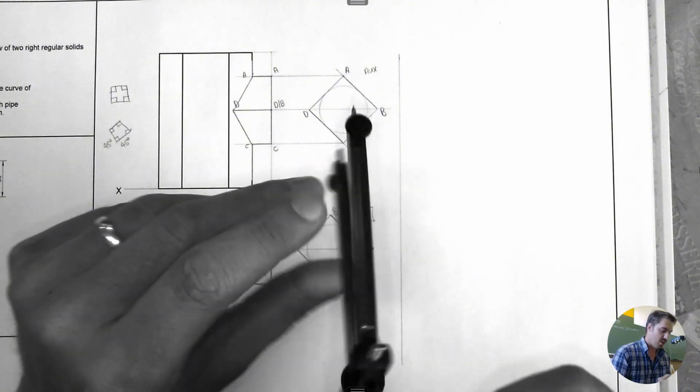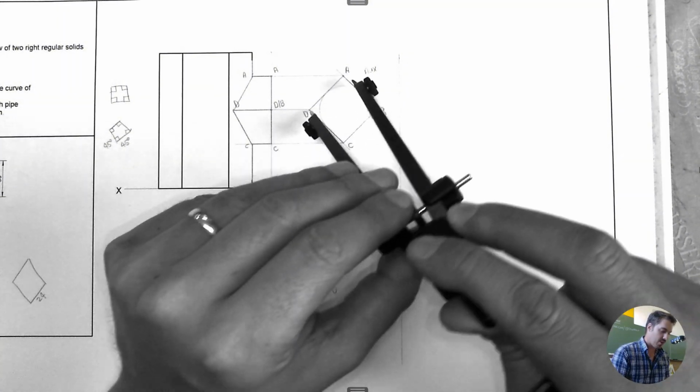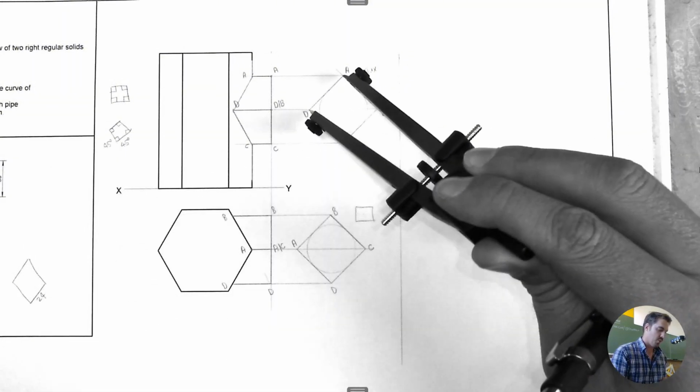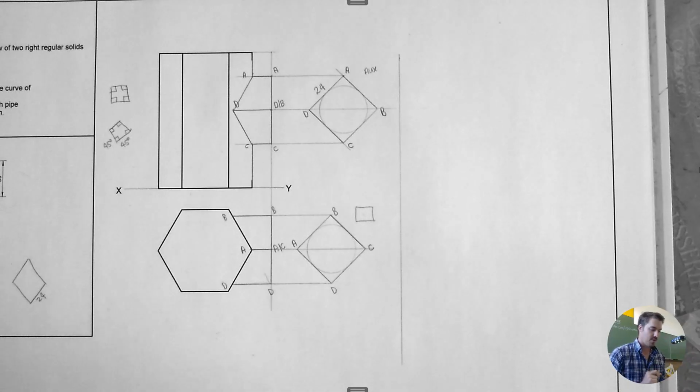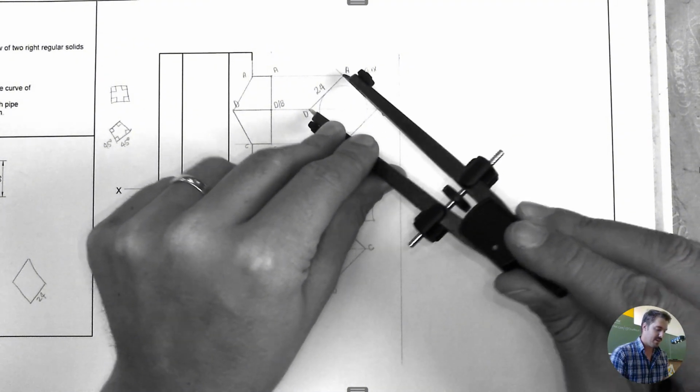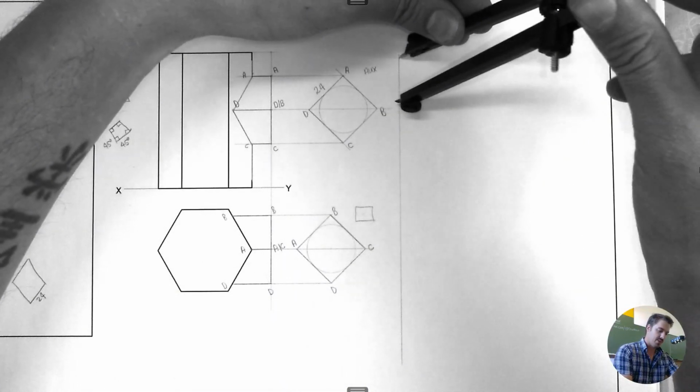So you are using your auxiliary view for this, where you take your compass on the corner, on the side. We've made this 24, right? So it should be 24 millimeters. You can choose any point on the line to start with.